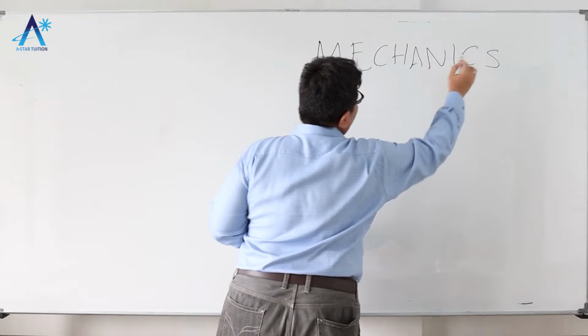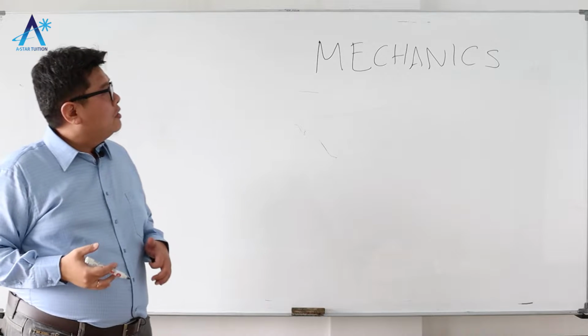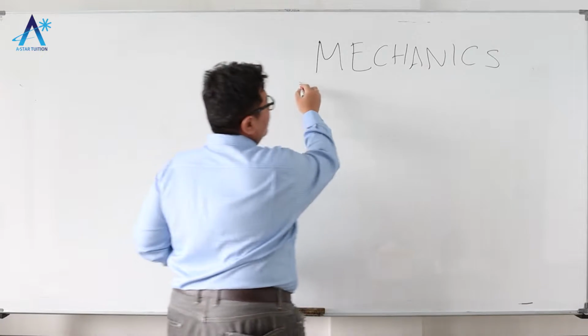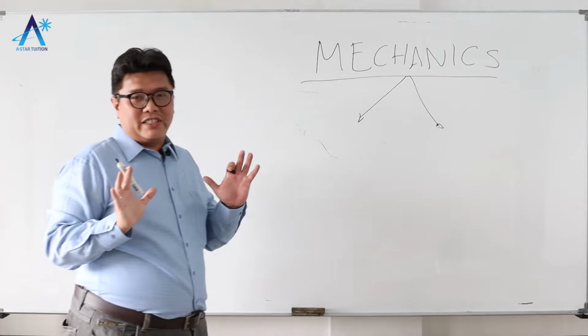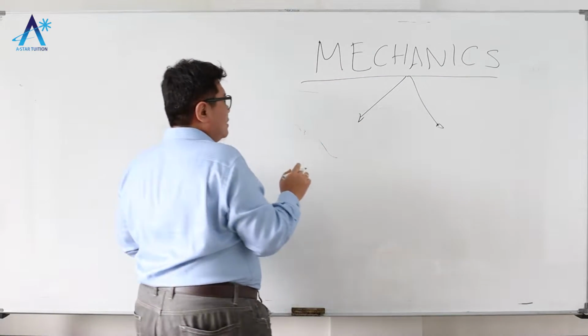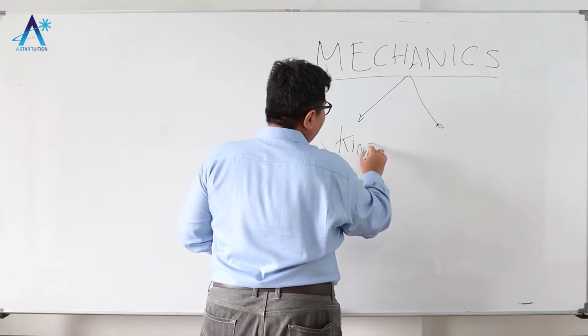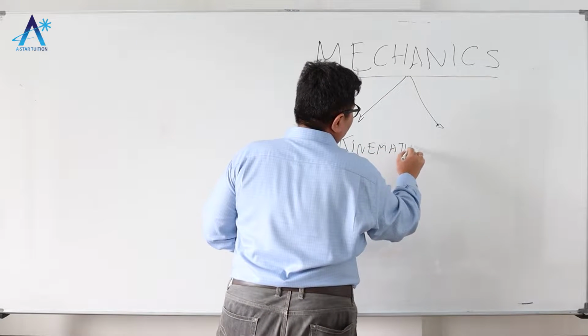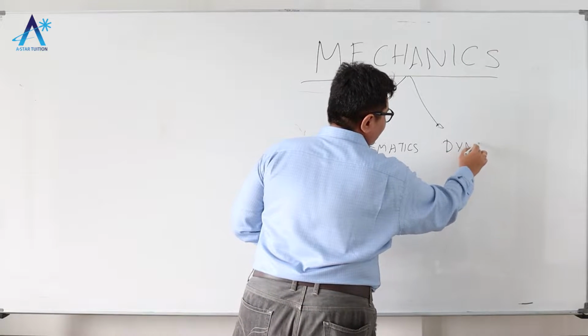Now, when you learn mechanics in high school, whatever curriculum you follow will usually divide mechanics into two parts. The first part is the one that we are working on today, which is called kinematics, and the second part is called dynamics.